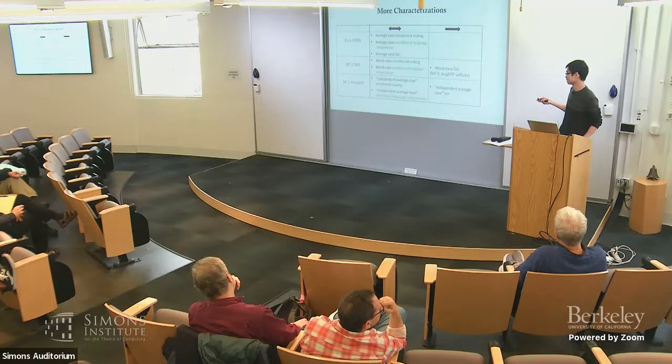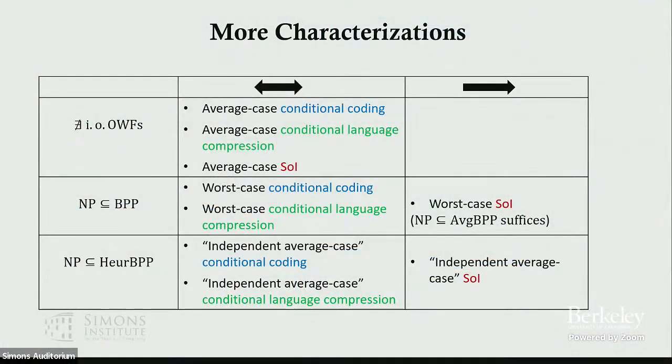And in fact, assuming NP is average case easy errorless suffices to give you worst case symmetry of information. So the interesting question is, what can worst case symmetry of information characterize? Now it's just sandwiched between NP is average case easy and no one-way functions, but we don't know what it can characterize exactly.